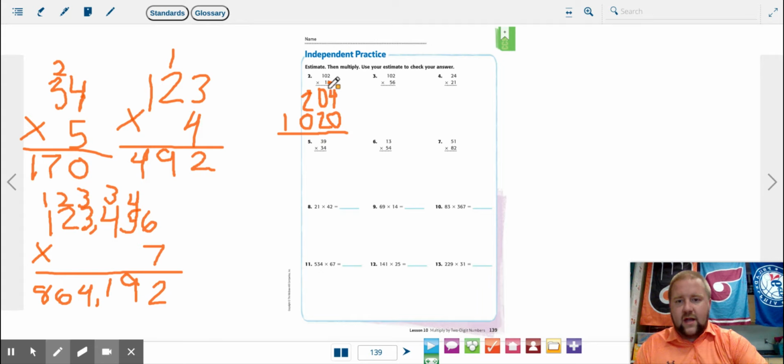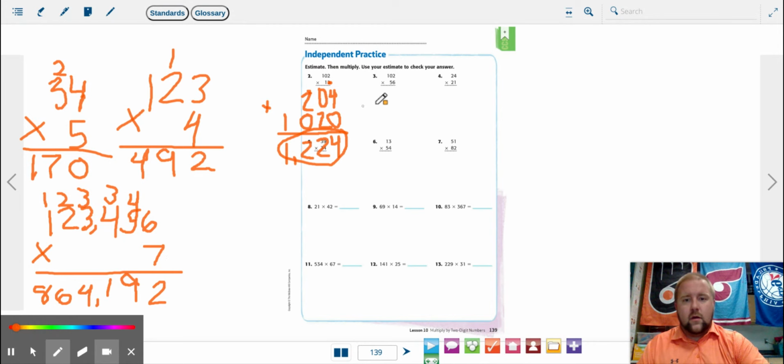Now, notice I lined up these numbers nice and neatly. It's going to make it so much easier because now you have to add these two rows. So 4 plus 0 is 4. 0 plus 2 is 2. 2 plus 0 is 2, and then 1 plus nothing is 1. So now my answer for that problem would be 1,224.